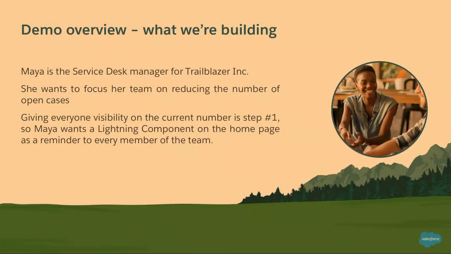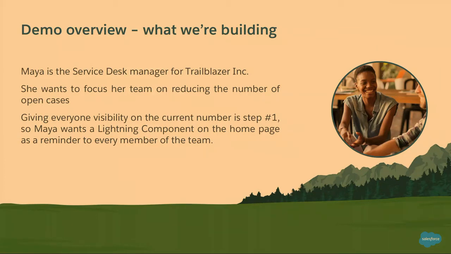What we're building today is a quick use case. Maya is the service desk manager for her company, and she wants to focus her team on reducing the number of open cases. They have too many concurrent cases open, and she wants her team to focus on a select few, close those down, and move on. The first step is to give visibility to her team.